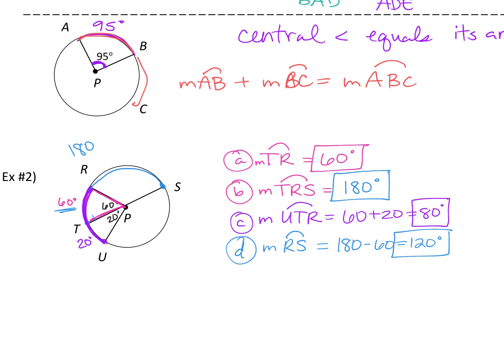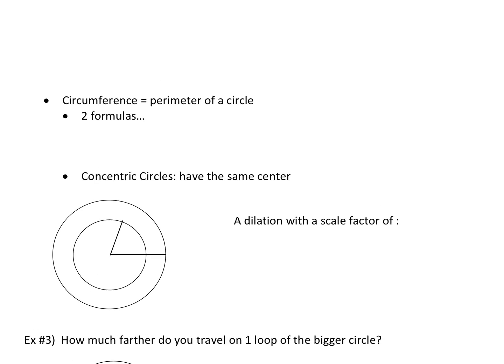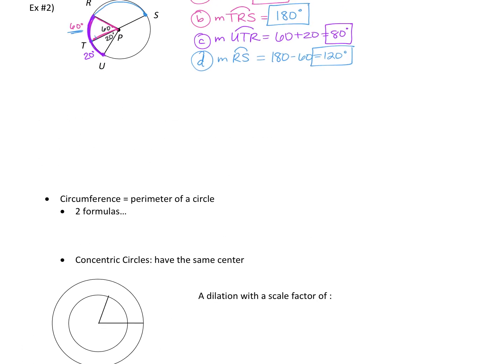We're going to talk circumference for a minute here. Anyone remember one or both of the formulas to find the circumference of a circle? Tessa. 2 pi r. Okay, so one of them is circumference equals 2 times pi times the radius. Or, what's the other one?